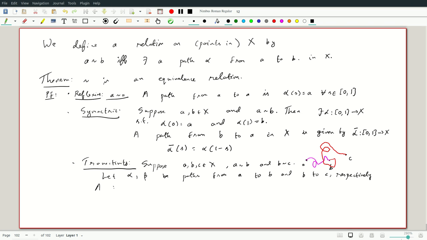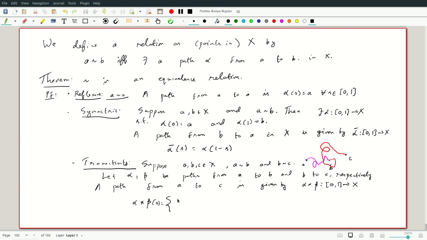Then a path from A to C is given by alpha star beta. So I should call it alpha. Let me write it in domain and codomain 0, 1 to X, by alpha star beta of S at the point S. So one has to check a little thing with care.